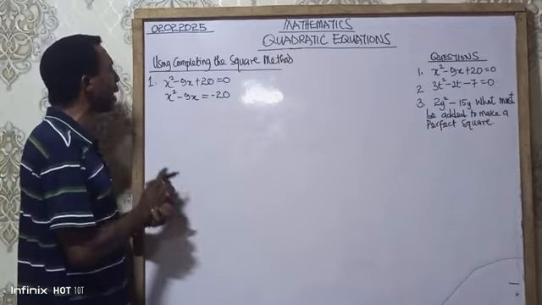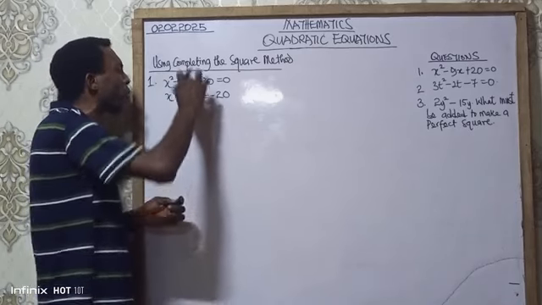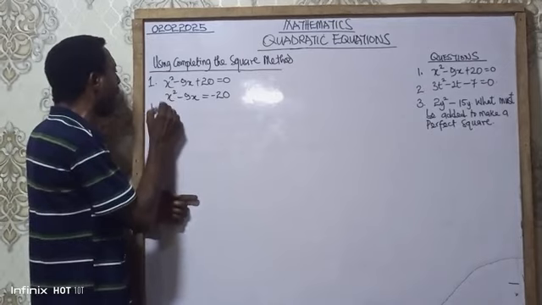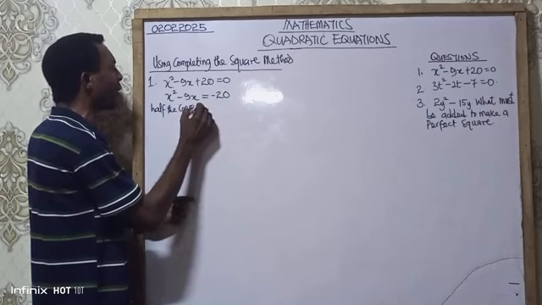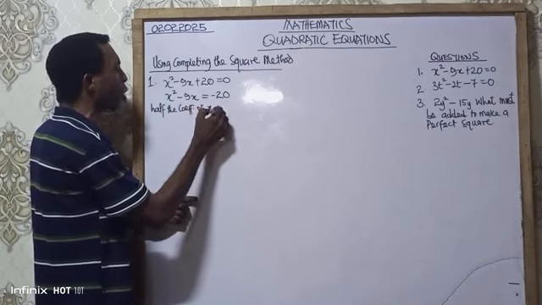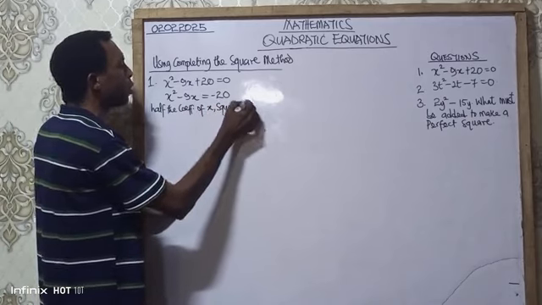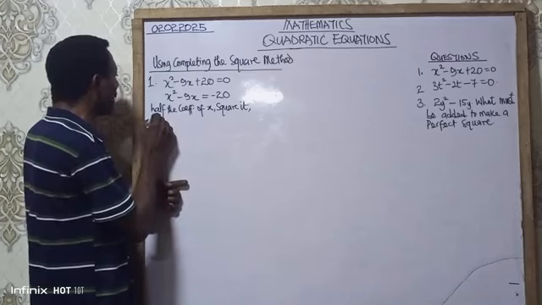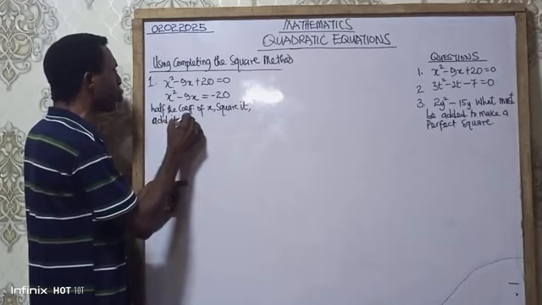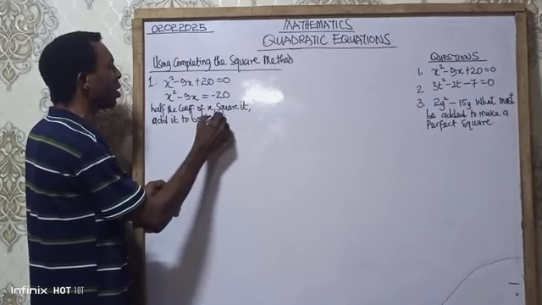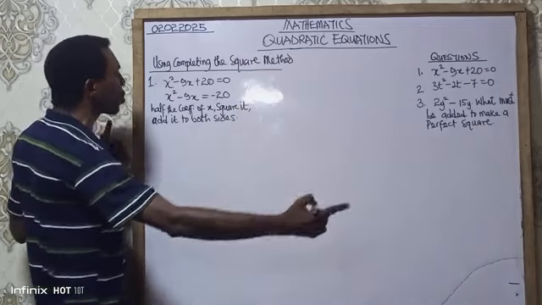Now the next one after this is that we are going to half the coefficient of x, square it, and then add it to both sides, because we separated the equation into two sides.